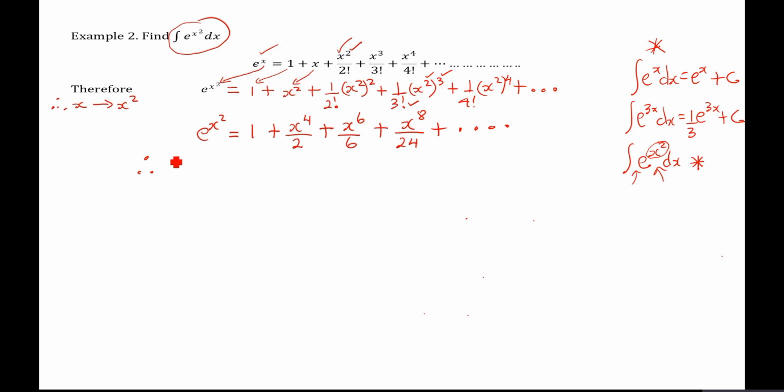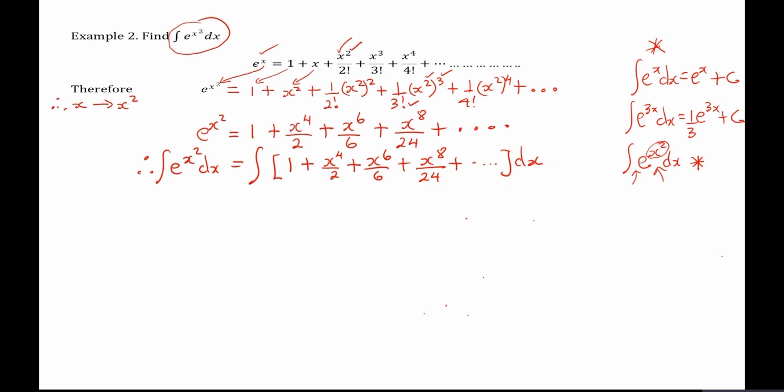Therefore, the integral of the left-hand side is equal to the integral of the right-hand side. And all I have to do now is integrate term by term. Plus x to the power 8 over 24 plus, integrate with respect to x, dx.